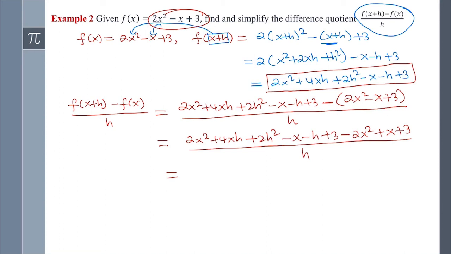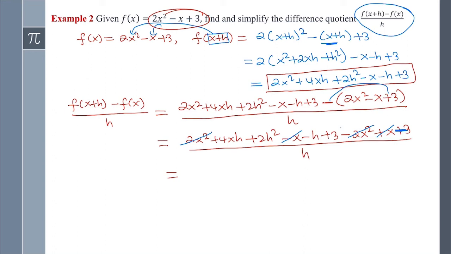Now we'll be able to simplify this. There are some like terms that are opposites, so we can cancel them. We have 2x squared minus 2x squared, which gives us 0. Then we have negative x plus x, which gives us 0. Then, sorry, this should be minus 3 here, okay, when we distribute that, that's minus 3.